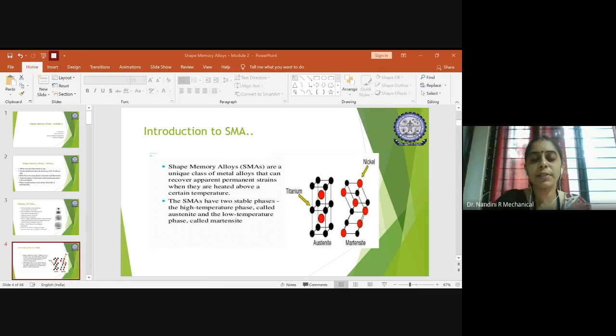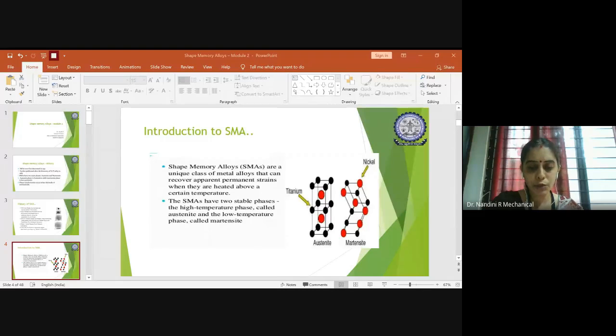We also spoke about a particular methodology, what we have to use in order to solve the problems associated with harmonic excitation of module 1. So we dealt with the methodology of the problem, what we have to use to solve the problems related to the Euler-Bernoulli model. And then we started with the shape memory alloys.